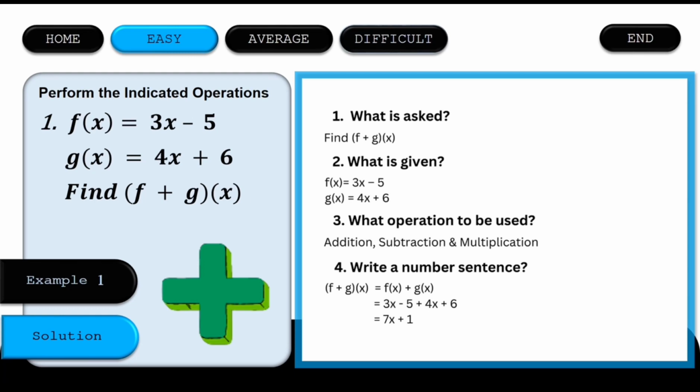Atin lang isubstitute ang values ng f of x and g of x. Kaya magkakaroon tayo dito ng equation na 3x minus 5 plus 4x plus 6. By combining like terms, magkakaroon na tayo dito ng 3x plus 4x which is 7x and negative 5 plus 6 is positive 1. And ang ating final answer, 7x plus 1.